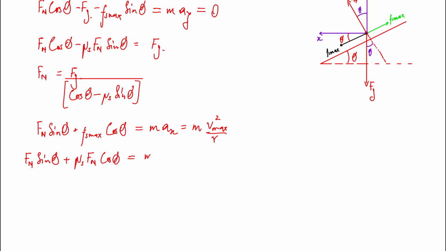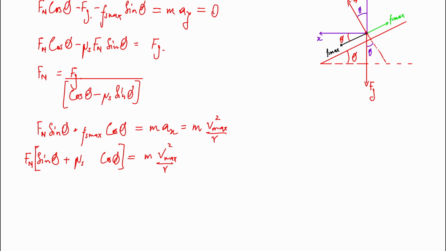This is going to be equal to m v max squared over r. And notice here, Fn is common to these two terms, so I can take it as a common factor.